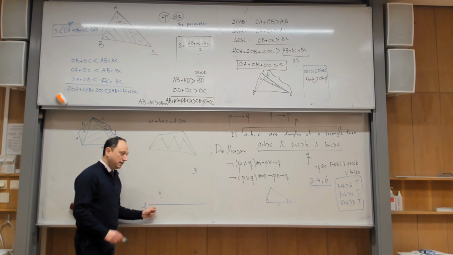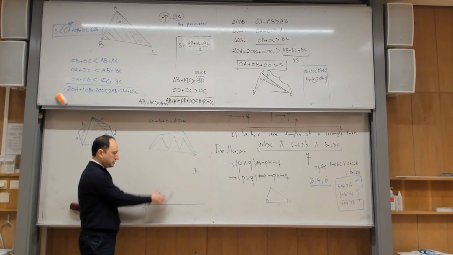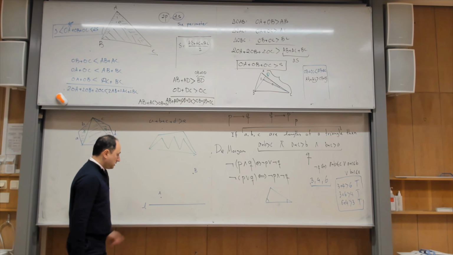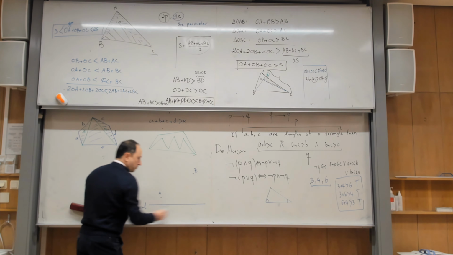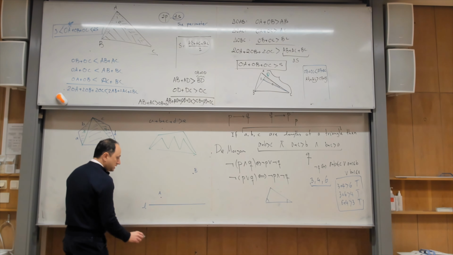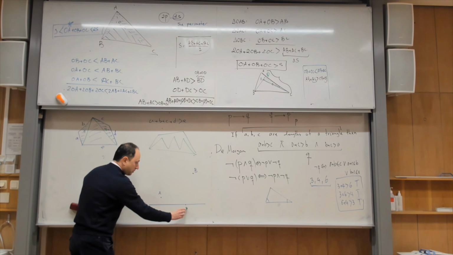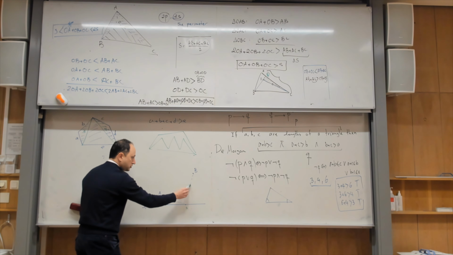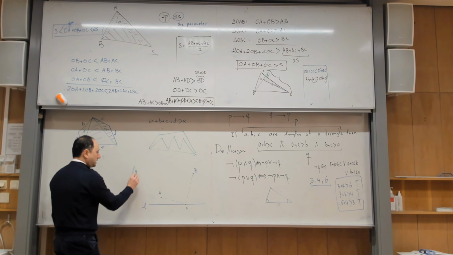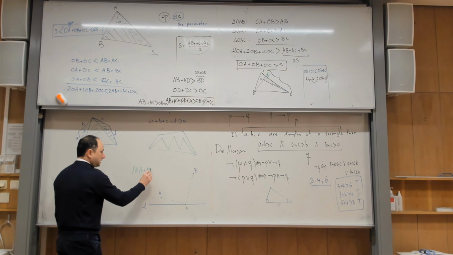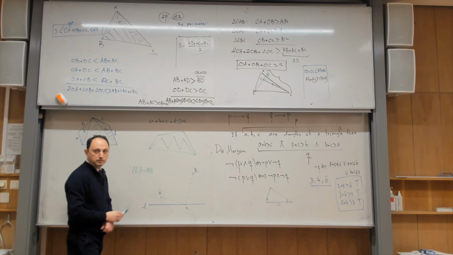I have L, A, and B fixed, for example, in this structure. This goes to infinity from both sides, that's a line. My point is to choose a point M so that, if I connect it to A and to B and consider the length MA plus MB, this becomes minimum.